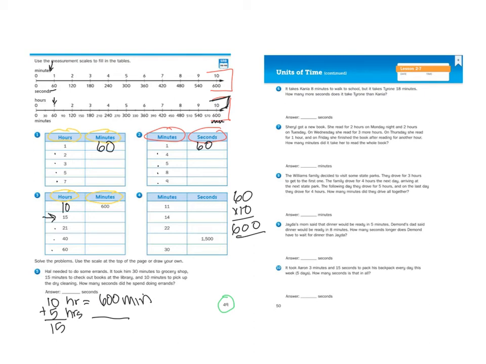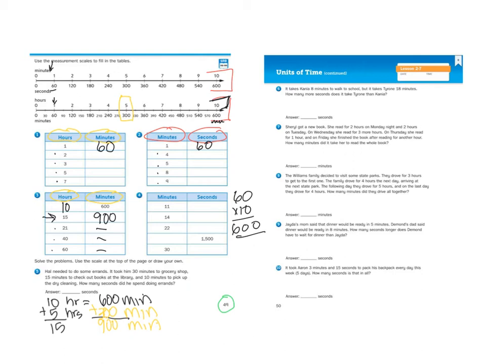How many minutes is 5 hours? I'm going to look up here. Here's my 5 hours. That is 300 minutes. If I'm adding 600 plus 300, I'm going to have 900 minutes. So then on my chart, I would write 900. You would do the same thing for these three answers.